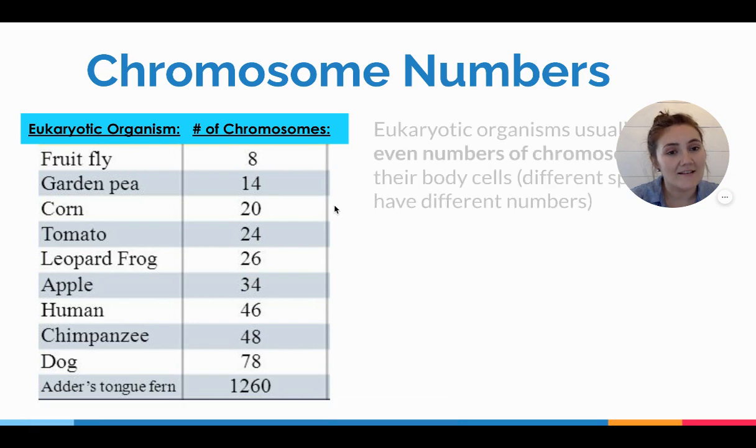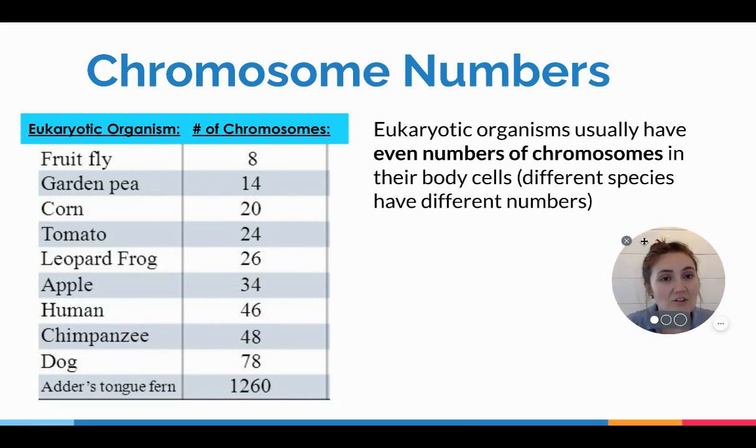They have 48. So what you may notice is that eukaryotic organisms usually have an even number of chromosomes in their body cells. So body cells referring to liver, stomach cells, skin cells. Different species have different numbers. We'll cover this in our next unit, but just know that having an even number of chromosomes is very important in terms of cell division.